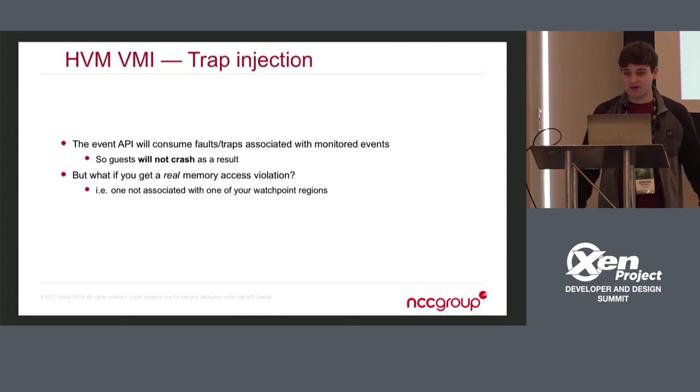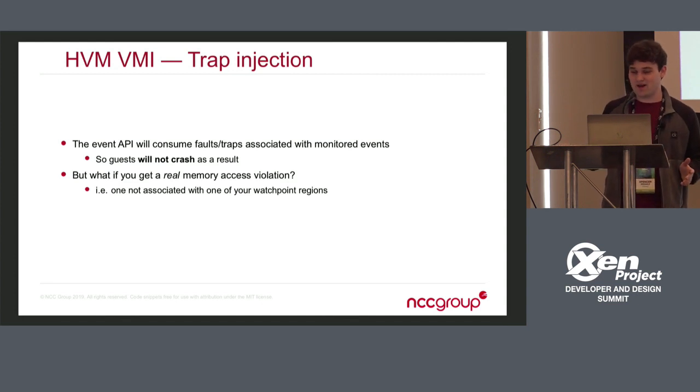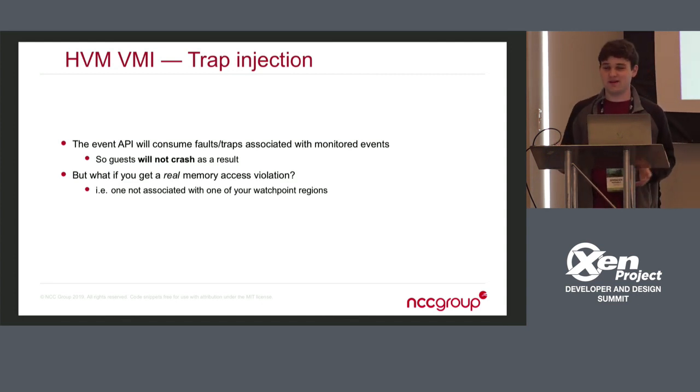One side effect that you might have noticed is that the way the event API works for events involving faults, like memory access violations, is that it actually just consumes them and doesn't let the guest handle them. So you run into the problem where if you're monitoring for memory access violations to do watchpoints, you might get a real memory access violation. In other words, you get a memory access violation and you realize, oh wait, this address is not actually in one of my watchpoint regions, so it must be an actual violation.